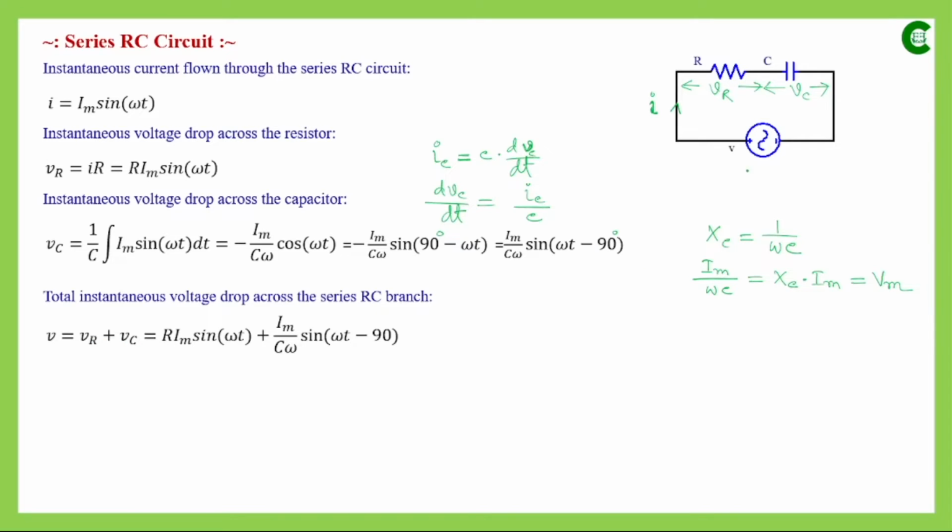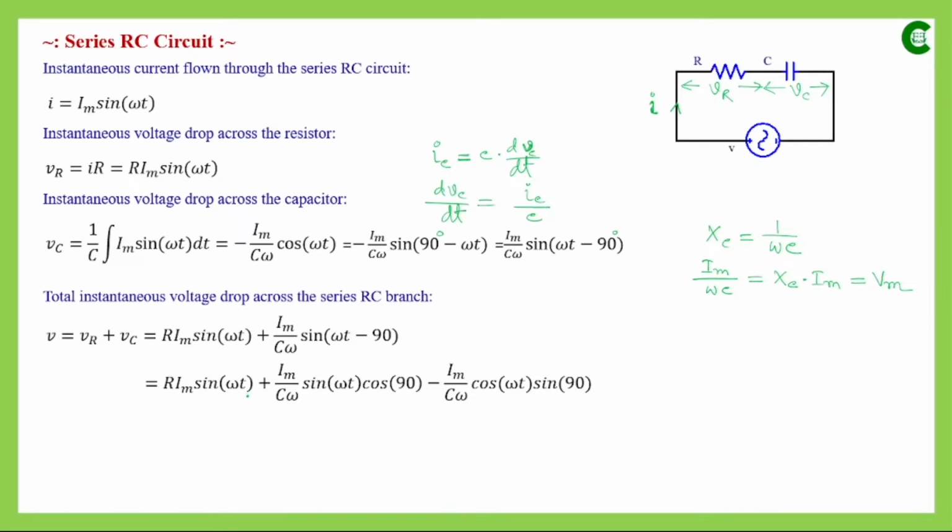So the supply voltage will be equal to the summation of these individual voltage drops. Now VR we have already found, and that is Rim sin omega t, and that's what has been written here. VC we have also already found, and that is Im by omega c sin omega t minus 90 degree. So we are simply adding these two values that we have already obtained.